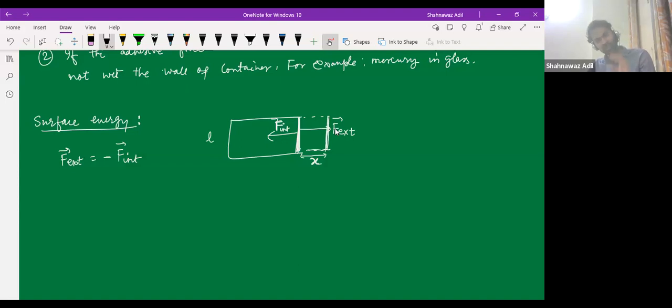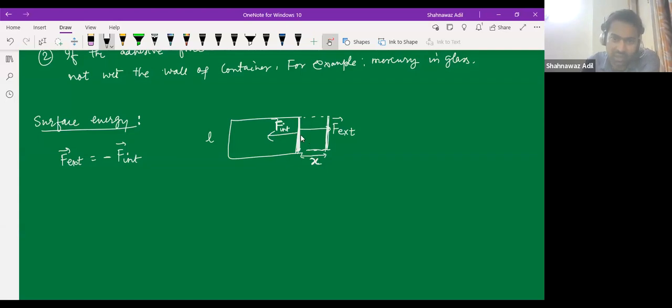You are applying some external force and then displacing that thin film, so you are doing some work. If you apply some force and then displace something, then you are doing work. So what is that work?